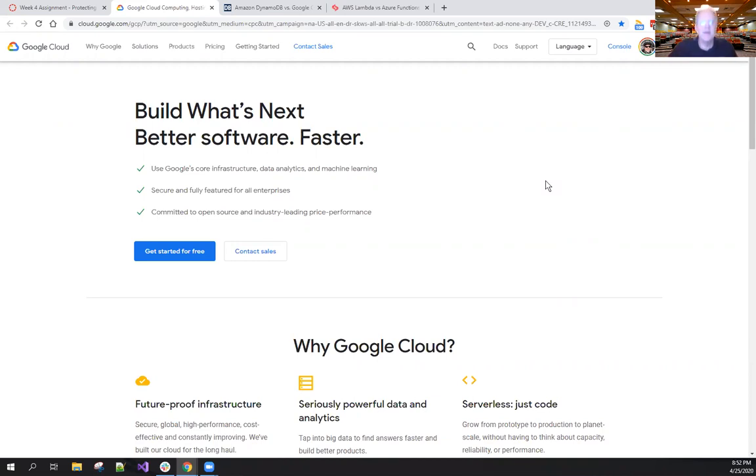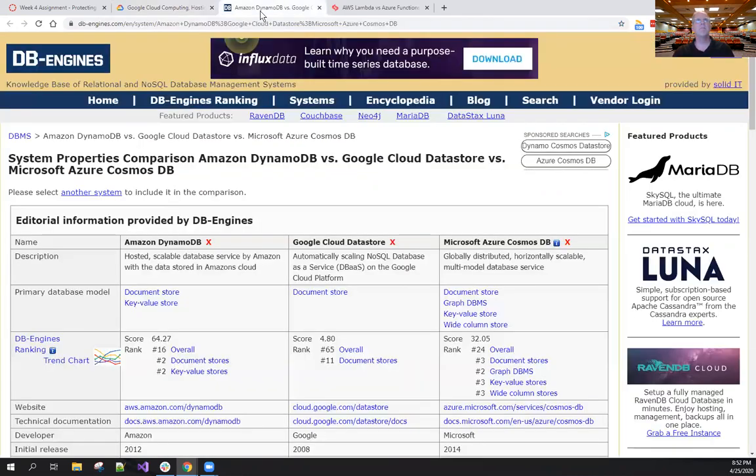Okay, the third major player in cloud platforms. Does Google Cloud have a database like DynamoDB and like Microsoft Cosmos DB? And the answer is yes. It is called Datastore.